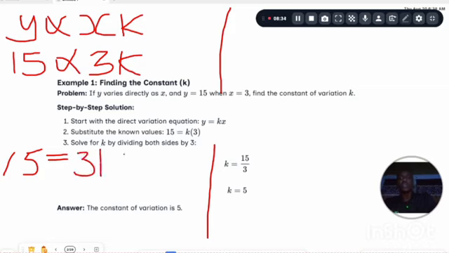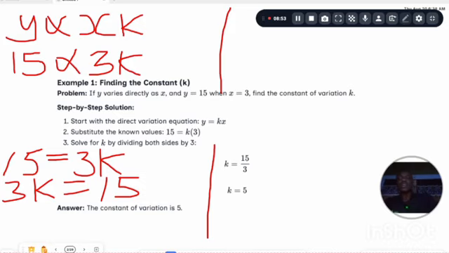And of course, when we have something like this, it can also be written as 3k equals 15. Nothing changes here. No sign is being affected. I'm just interchanging the right to the left, the left to the right. So 3k equals 15.